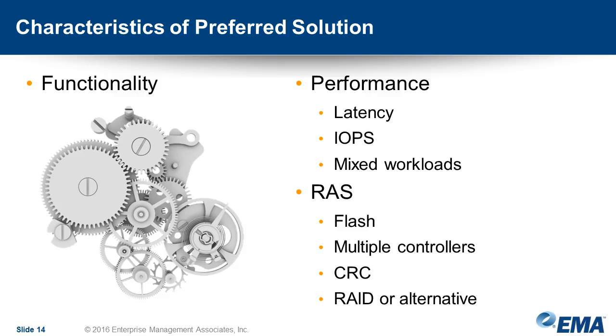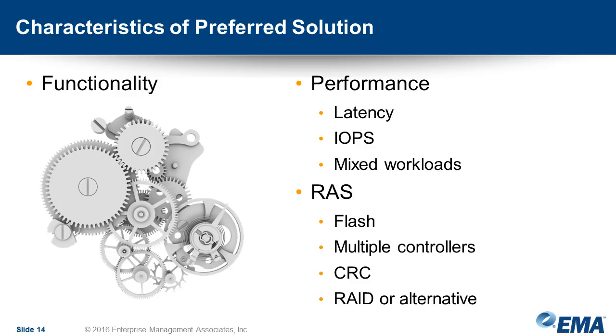There's no doubt that performance is important for Flash, so we did take a look at a couple of different aspects. Certainly IOPS, as I mentioned earlier, a lot of the systems scale IOPS as they get larger, often in a linear fashion.